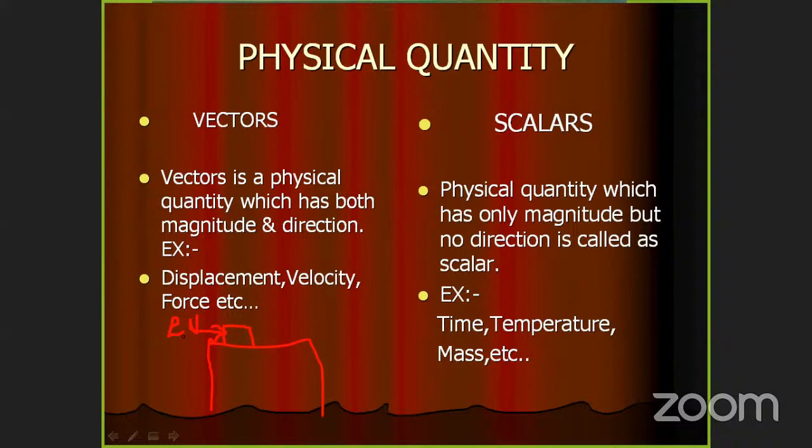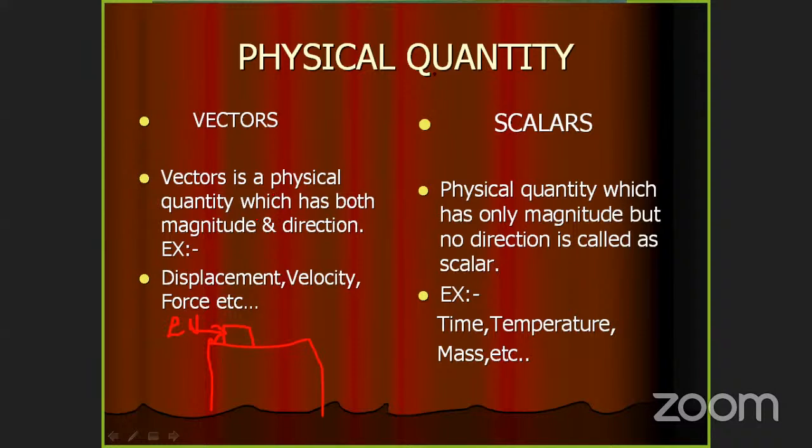We are applying the force from left to right, and in the same direction the book is moving. That means it has some magnitude. Magnitude means value. This 2 is the value. And it has some direction.